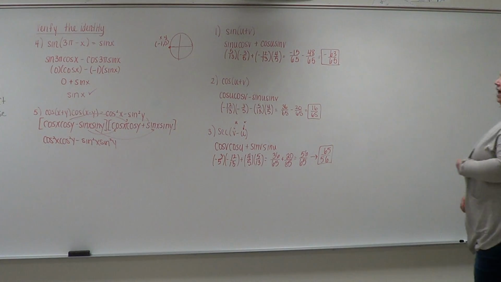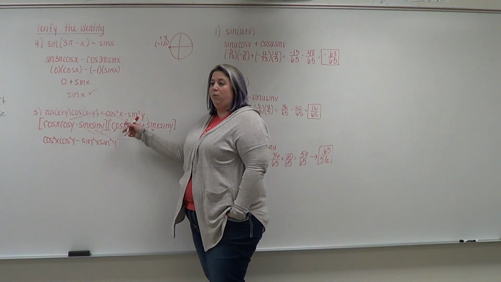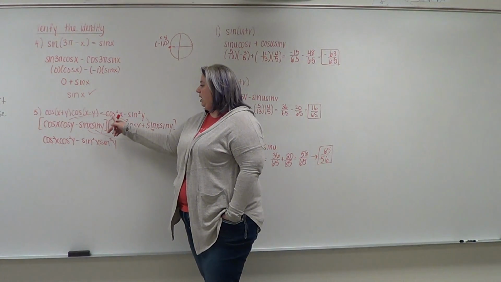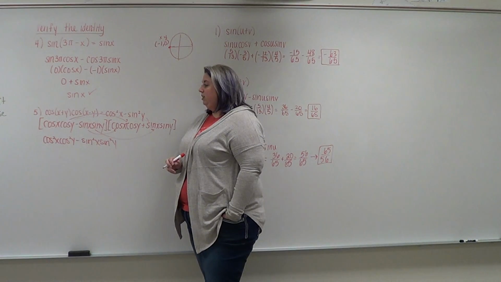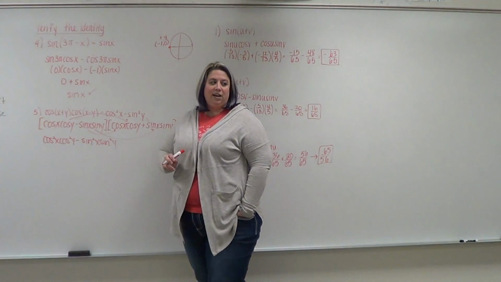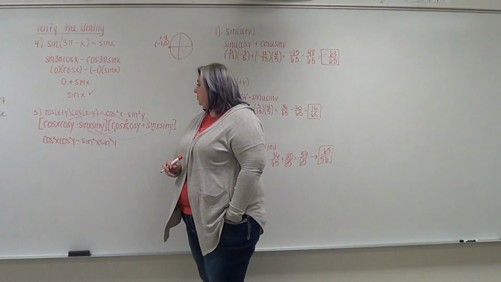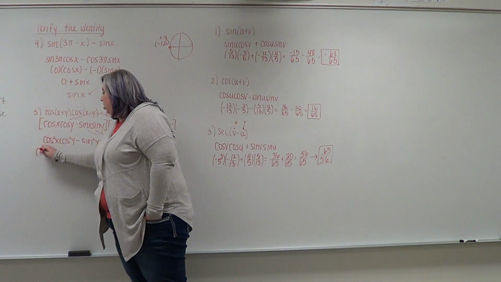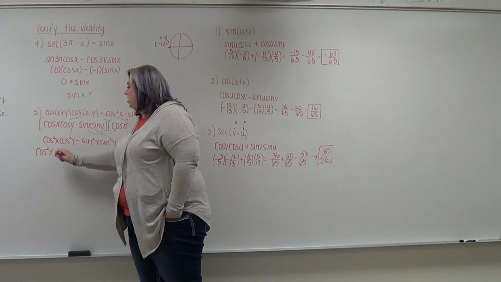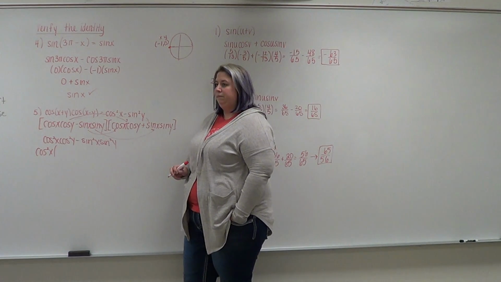Okay, what do all the x's need to be? Squared. Well, they need to be squared, but what trig function? Cosine, and all my y's need to be? Sine. So what we're going to do is replace them by using the Pythagorean identities. I know how much you love those. Oh yeah, for sure. Okay, so this would stay cosine squared x, but instead of cosine squared y, what can I replace that has a sine?